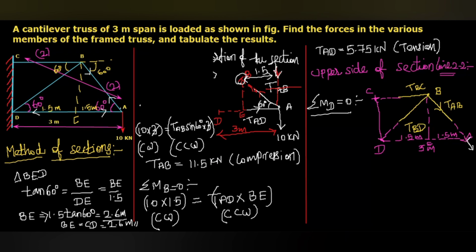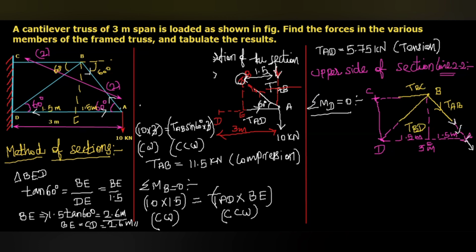From the point A, this TAB acts in this direction, but the considered portion with respect to the point B, this force is outward from B. That means this direction, like that only you have to consider. This force we are not going to consider because that is not in the upper side of the section. So this force TAB passes through A in this direction.